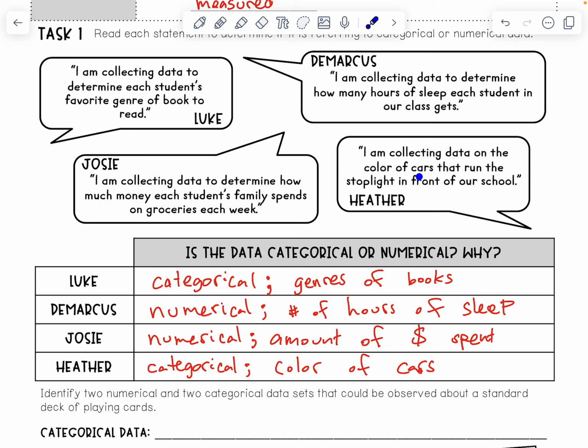She might find that 20 red cars ran a stoplight and 1 white car ran a stoplight. Numbers can be involved in all of them. But if you're looking at categorical, what they're measuring are different groups, versus these numerical ones are specifically numbers.